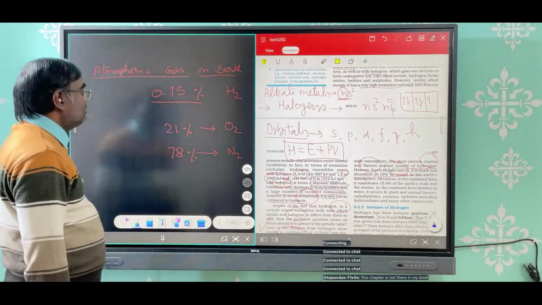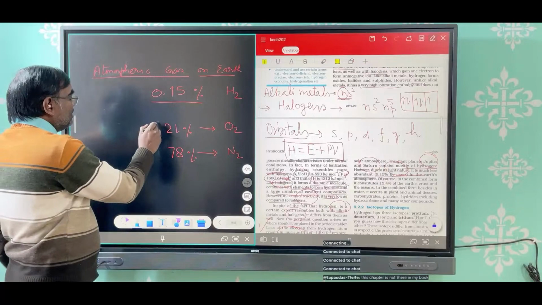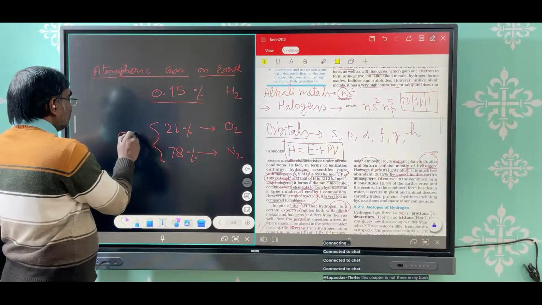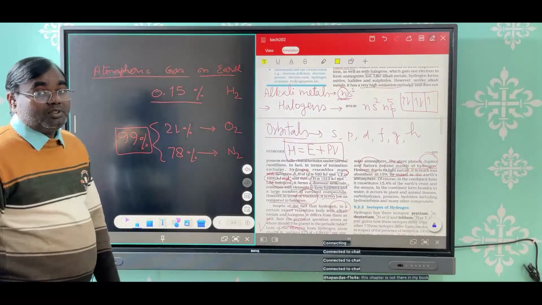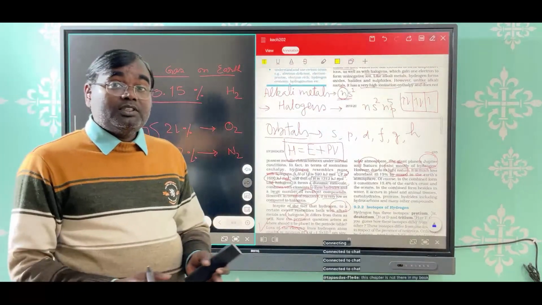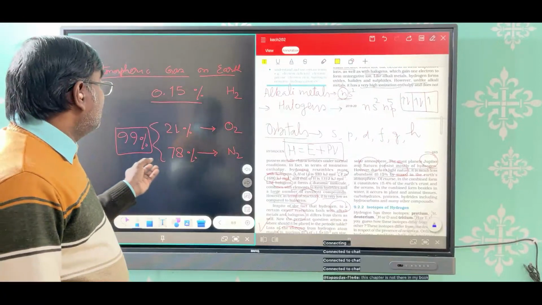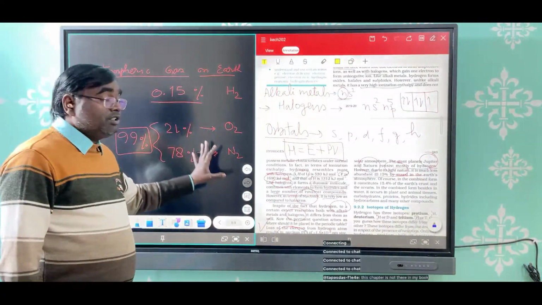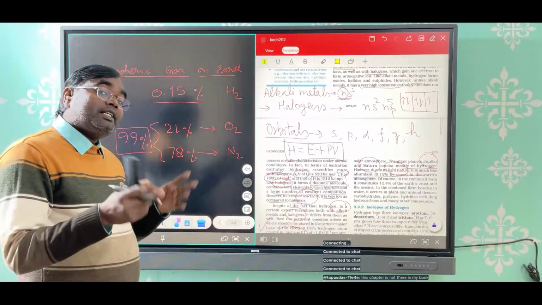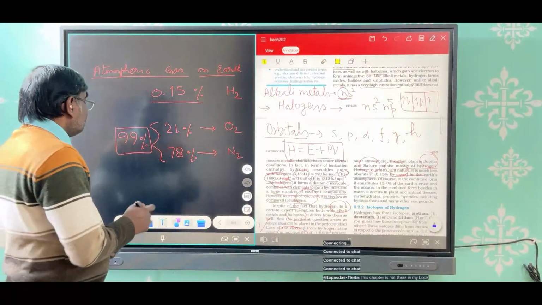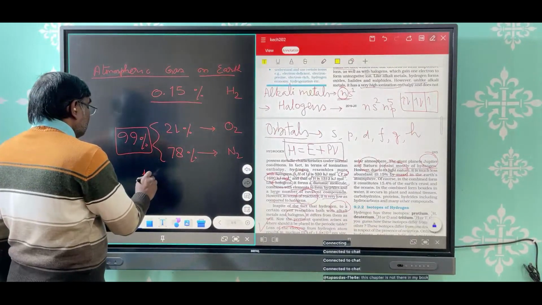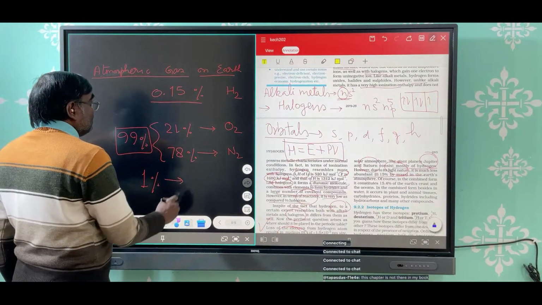So how much is left? These two make up 99%. And this is the uniqueness of our atmosphere. What is the beauty in our atmosphere? Nitrogen plus oxygen makes 99% of our atmospheric gases. Only 1% makes the other gases.